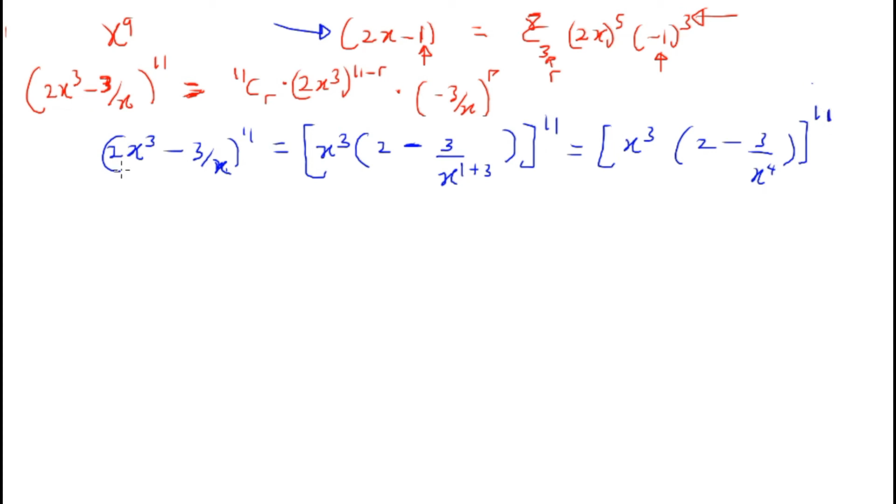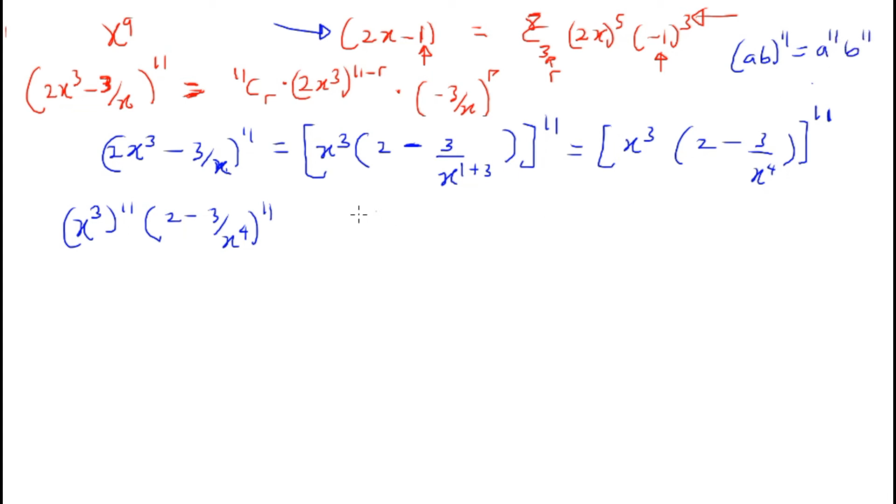Now this I can also distribute the powers, so that I'll have x raised to power 3 being raised to 11, and then 2 minus 3 upon x raised to power 4 being raised to 11. You know, according to the law of indices, if you have ab raised to power 11, they will both share the powers, so that it becomes like this.